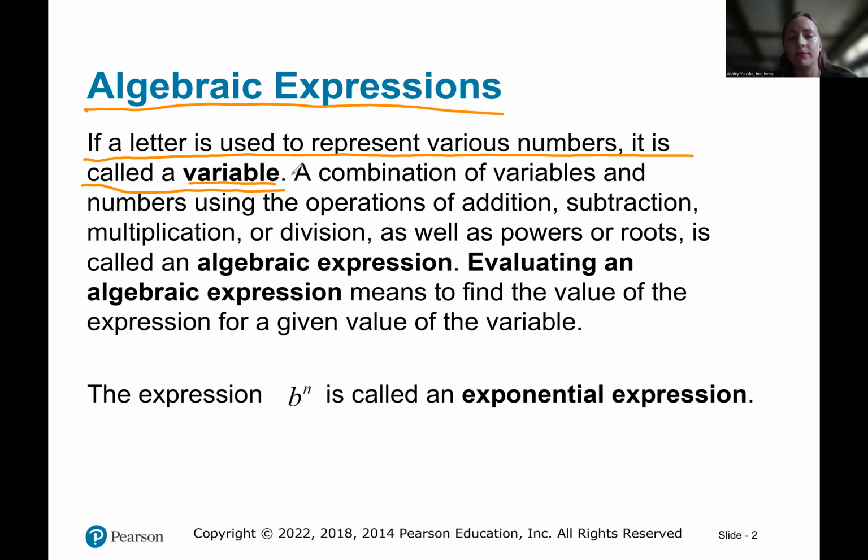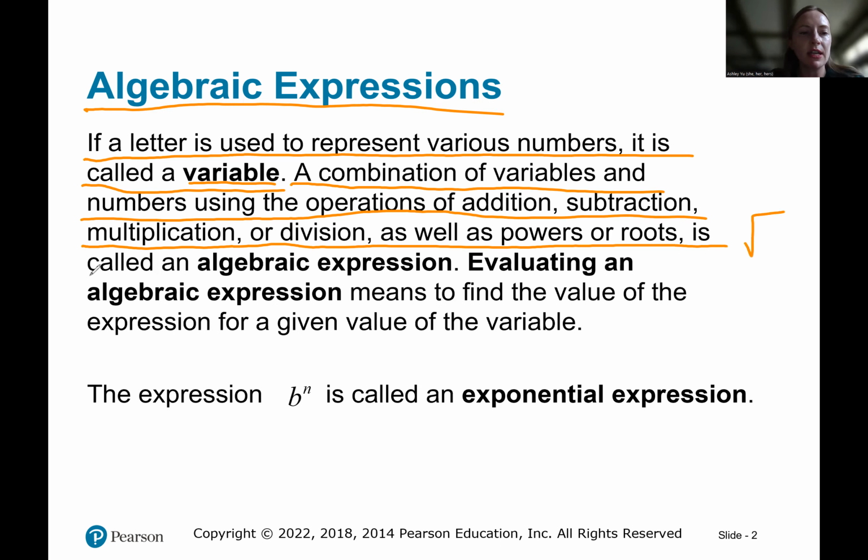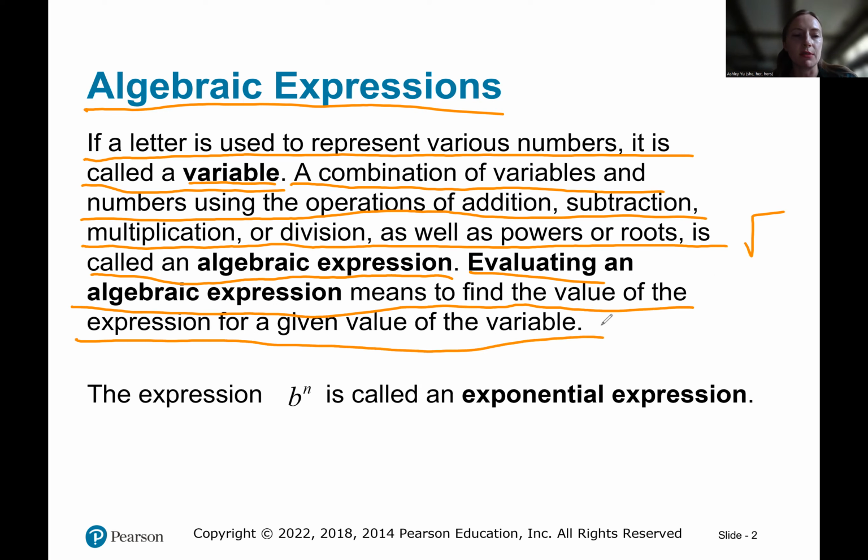That's what we'll call any letter you see in math. As you probably guessed, the higher you go in math, the more variables there are and the fewer actual numbers there are. A combination of variables and numbers using the operations of addition, subtraction, multiplication, or division, as well as powers or exponents or roots like square roots, which we'll talk about later in this video, is called an algebraic expression. Evaluating an algebraic expression means to find the value of the expression for a given value of the variable.